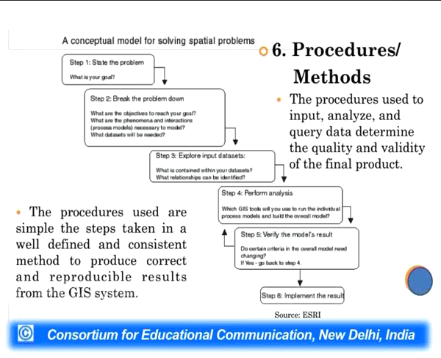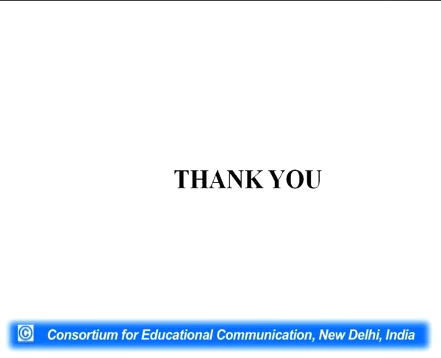The fourth step is to perform analysis, and the fifth stage is to verify and model the result. If there are any problems, go back to the fourth step, perform analysis again, and then the sixth step is to implement the result. So with this I am going to end my discussion.